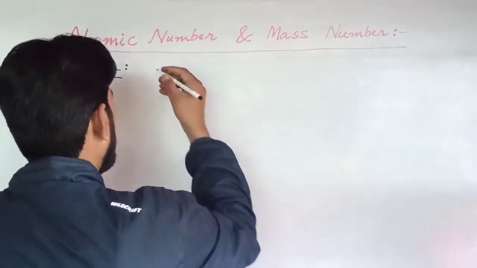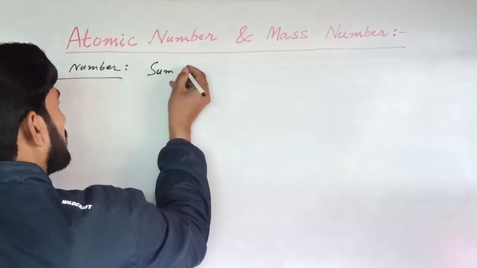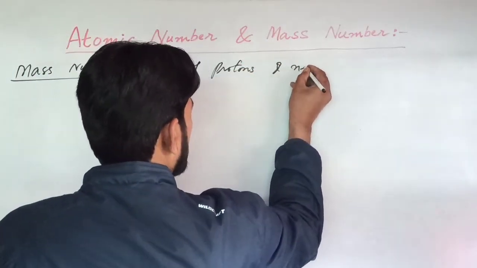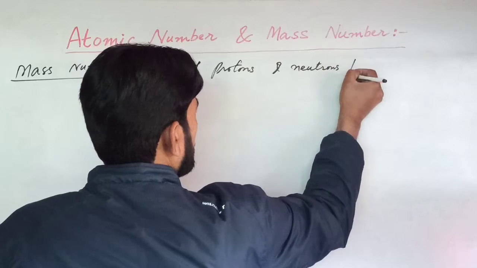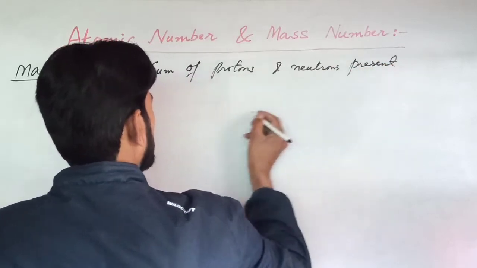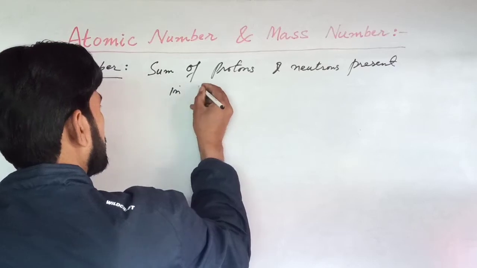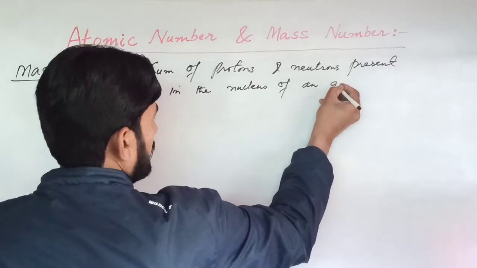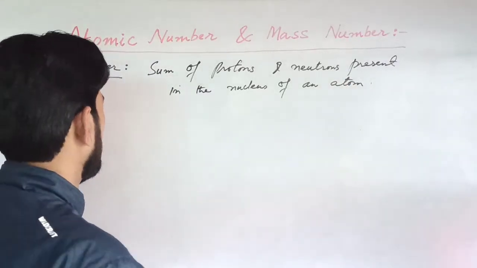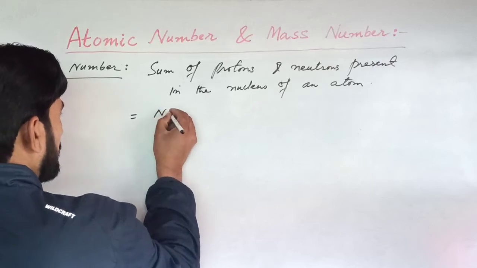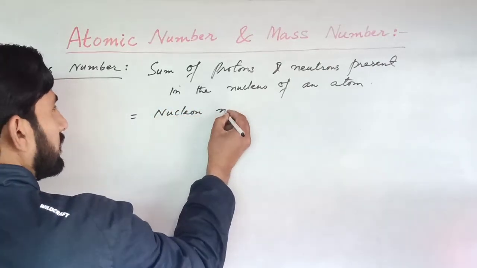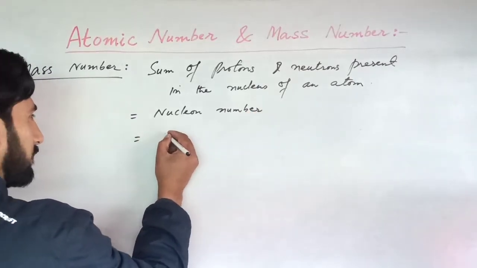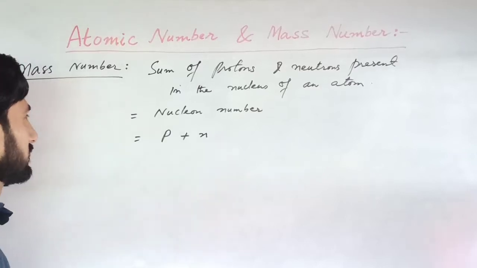Mass number is the sum of protons and neutrons present in the nucleus of an atom, that is proton plus neutron.